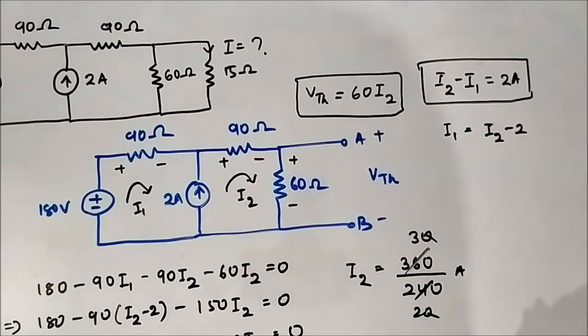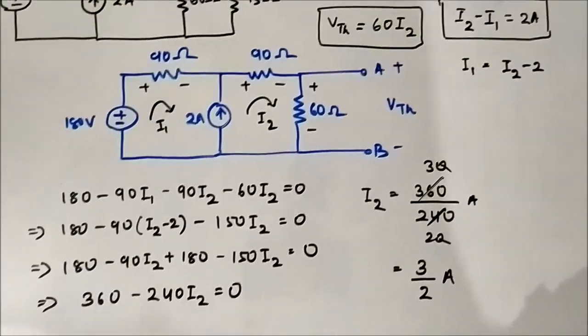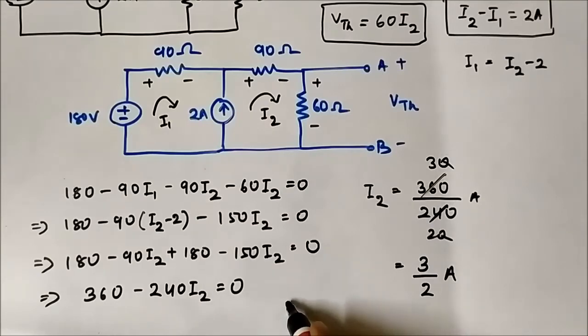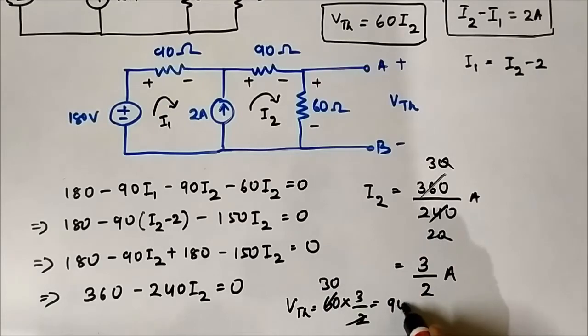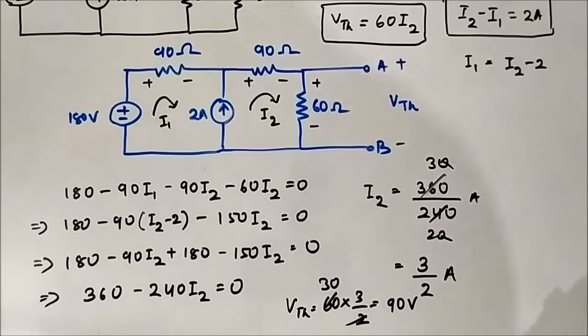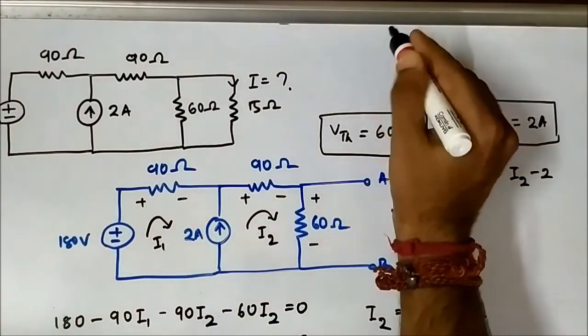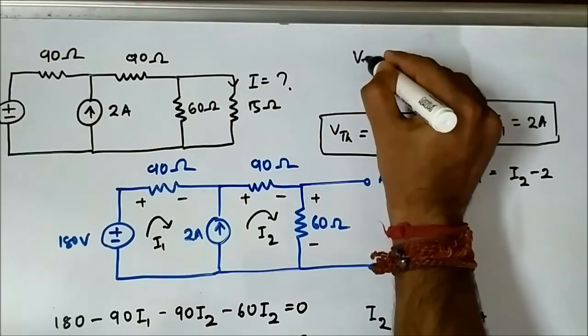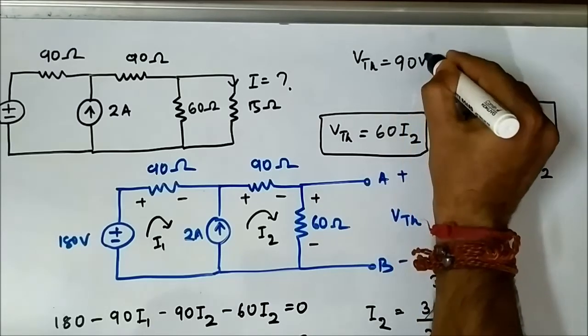VTH is 60 I2. So VTH will be 60 into 3 by 2, which is equal to 90 volts. VTH is 90 volts.